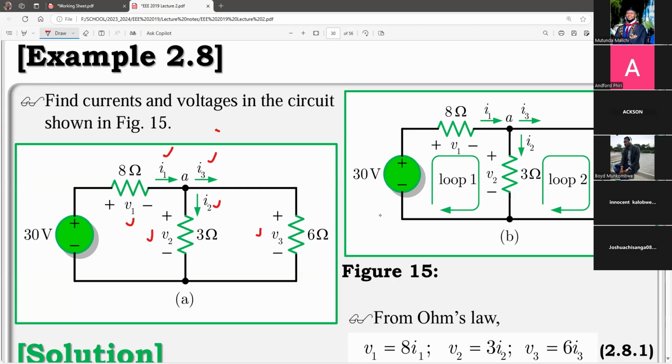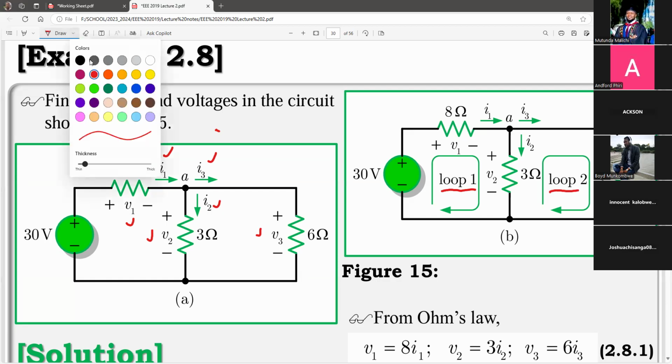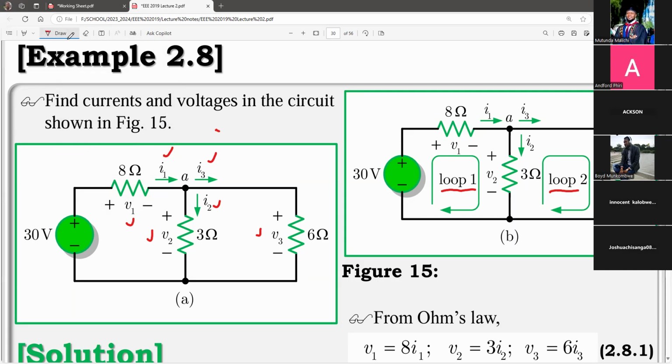We have loop one on this side and loop two on the right-most side. When I start talking KVL, we'll be referring to these loops, so please take note of them so that when we say loop one, you don't get lost as to where we are referring.